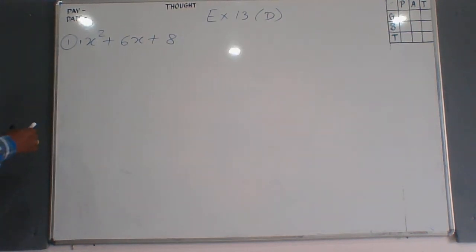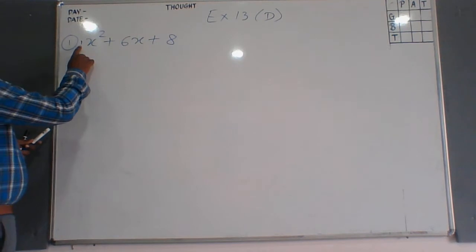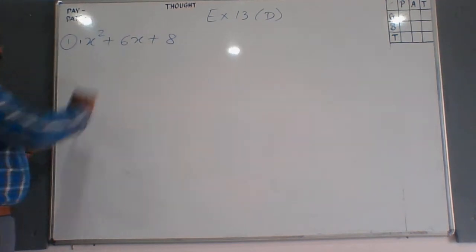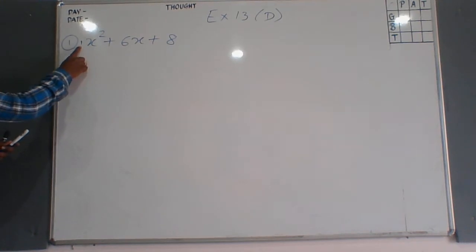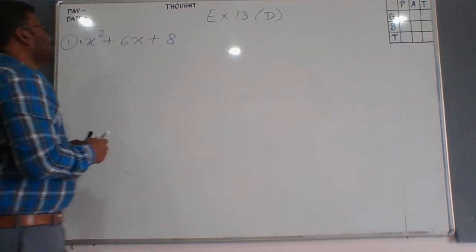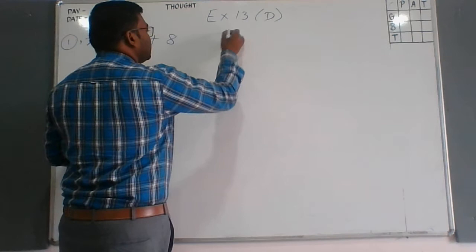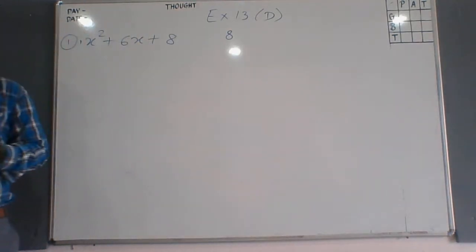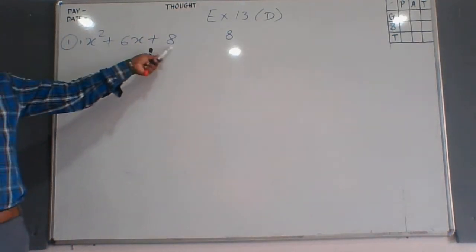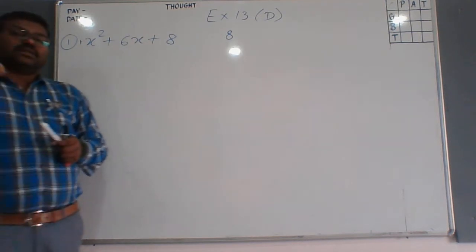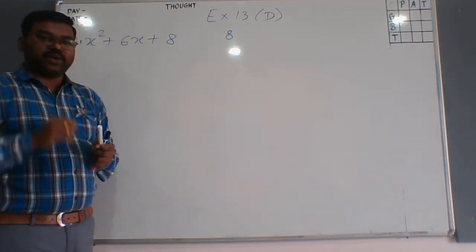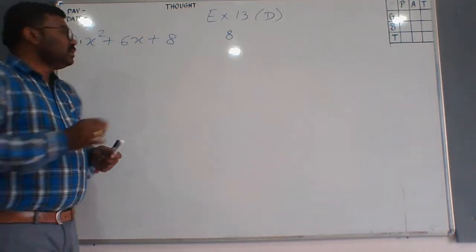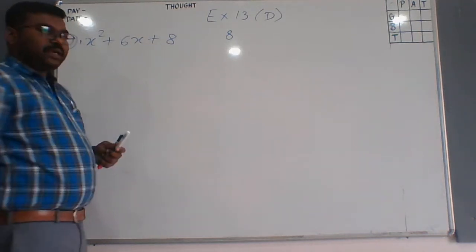Now the procedure is to multiply the first coefficient and the last. The multiplication of 1 and 8 is 8. Make a multiplication of the coefficient of the square term and the constant term, the first and last, which is 8.